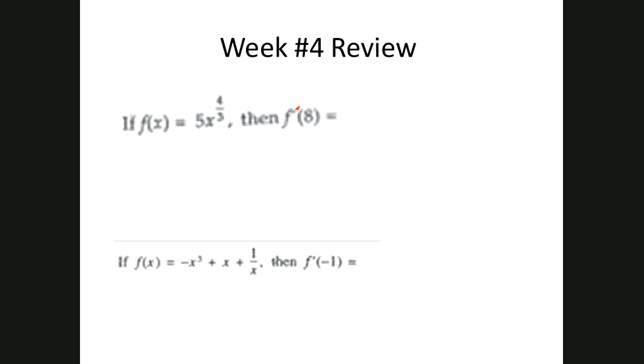So I'm going to probably say it's 40/3. So if I take the derivative here, bring the 4 down, that's going to be 20/3x to the 1/3. If I put 8 in there, 8 to the 1/3 is 2. So I agree with you guys. 40 over 3. Very good.